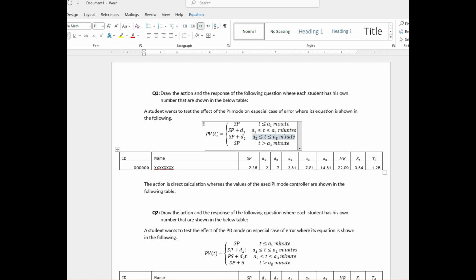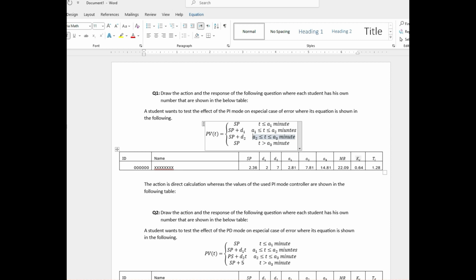Now here the given set point for this student, student X, is 2.3, and the first error is 2 and the second error is 7, and the limits of the periods are 2.8, then 7.8, then 14, 22.09.